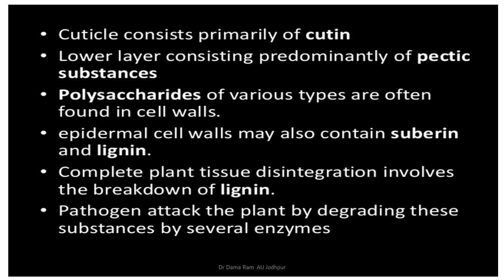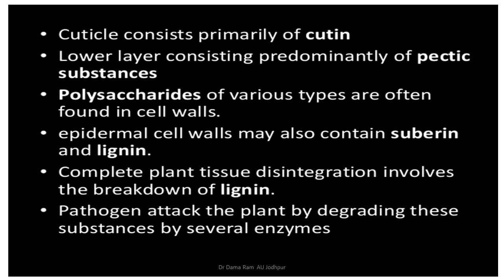After the cuticle, primarily there is cutin, because the cuticle is made up of cutin, and after that the lower layer is the pectic layer, made up of polysaccharides, and after that the epidermis, made up of deposition of suberin and lignin also.